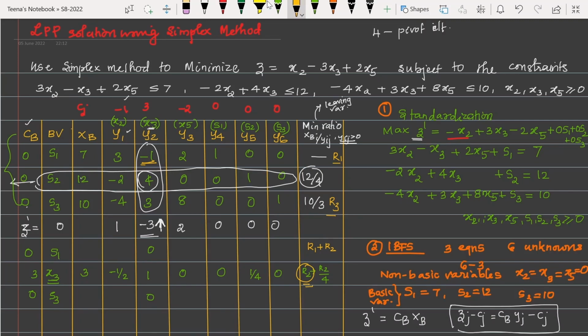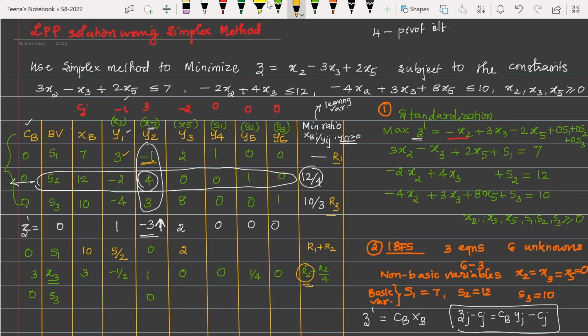So let us do the transformation throughout the row. 7 plus 3 equals 10. Then 3 minus 1 by 2 is 5 by 2. Then minus 1 plus 1 is equal to 0. Then 2 minus 0 is 2 itself.